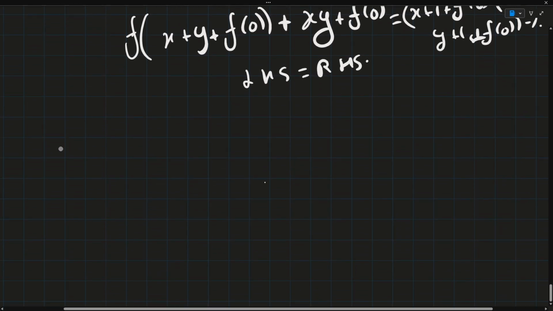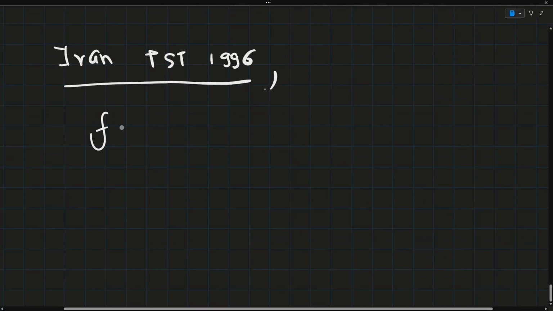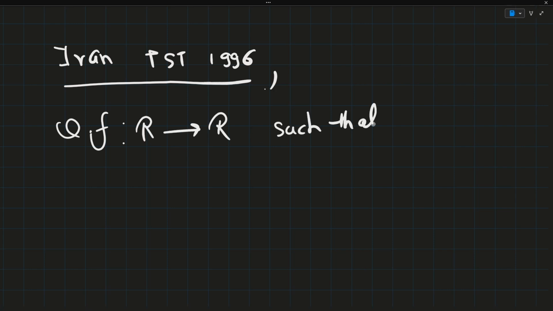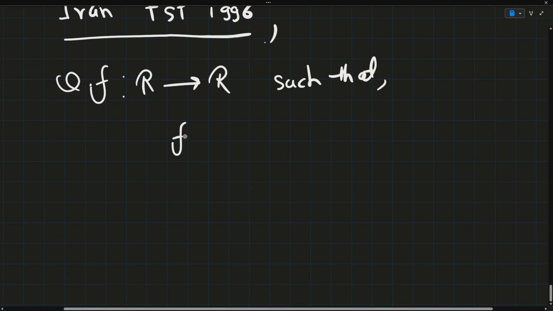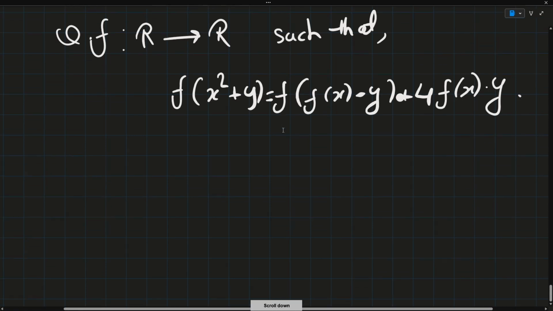Okay, now we'll solve one question from Iran TST, a team selection test of 1996. So the question is to find f from real numbers to real numbers such that f(x² + y) = f(x² - y) + 4f(x)y.